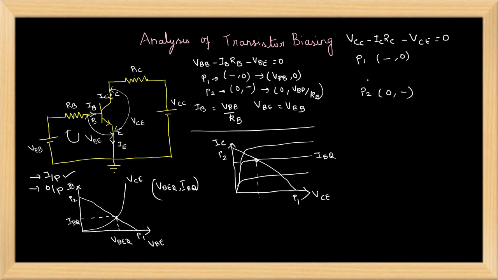We can get these values by substituting VCE or IC equal to 0 in the equation. If we apply VCE equal to 0, we will get IC equal to VCC by RC, and when you substitute IC equal to 0, you will get VCE equal to VCC. So this point P1 will be VCC comma 0 and point P2 is nothing but 0 comma VCC by RC.